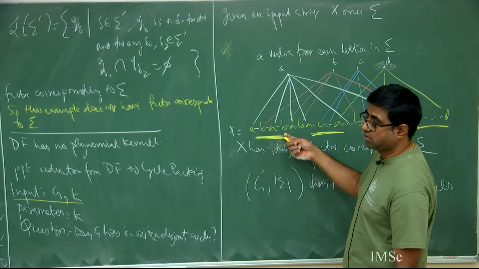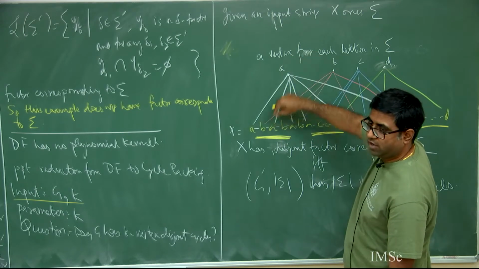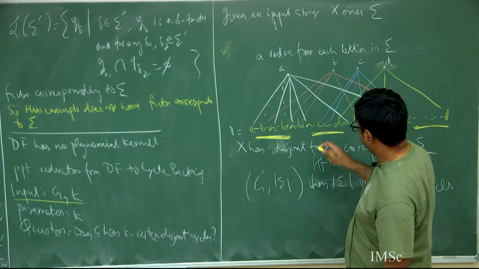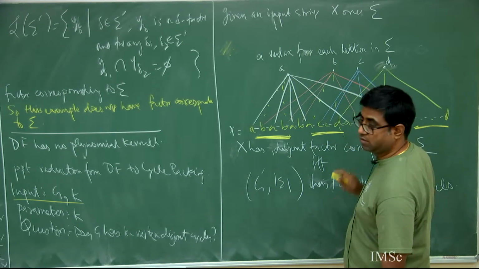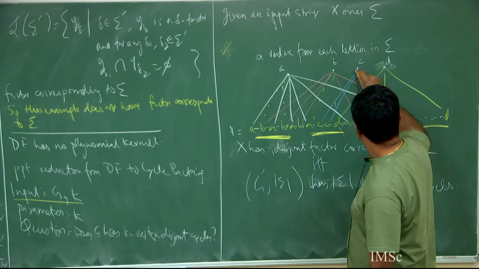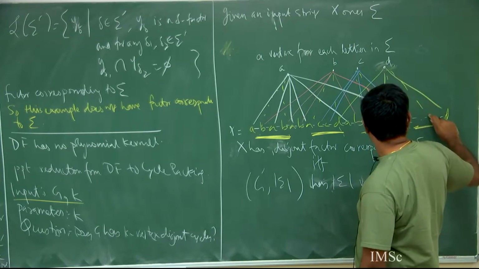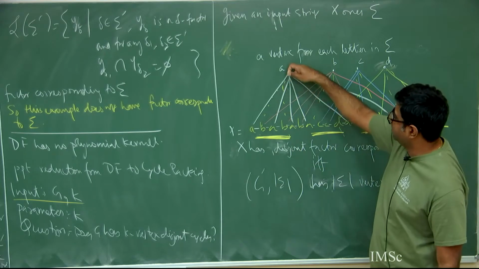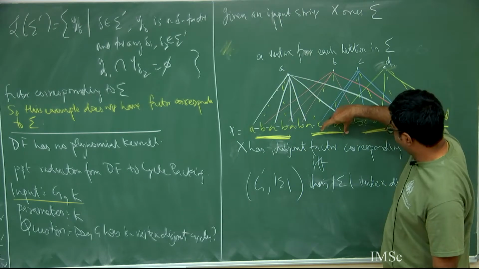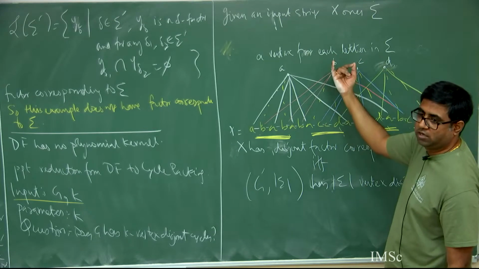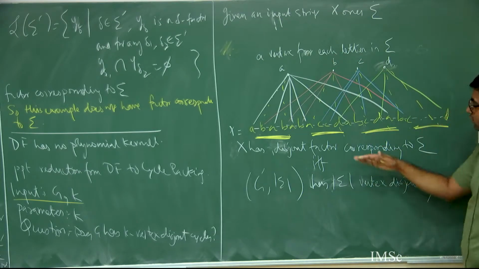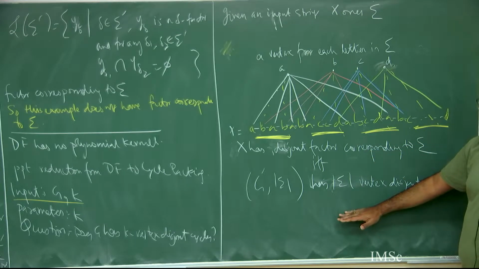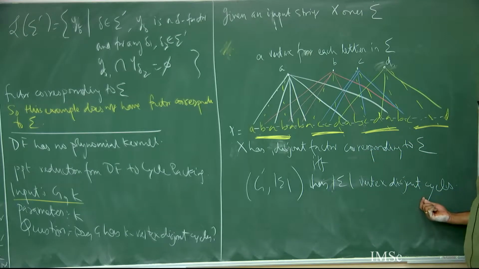I look at the first letter and the last letter, and I know that there is an edge going up, so whatever this guy is, I just go and take this. So this will give you basically a path, and you take this vertex and the cycle. Take this path, take the corresponding endpoint, and look at it. This is how we have given edges. So this will prove the forward direction. If I have an x disjoint factor corresponding to sigma, then I have so many vertex disjoint cycles, right?